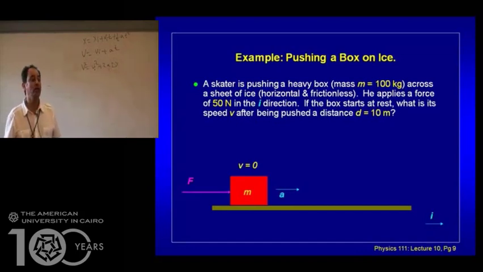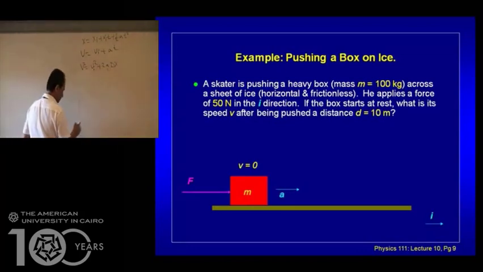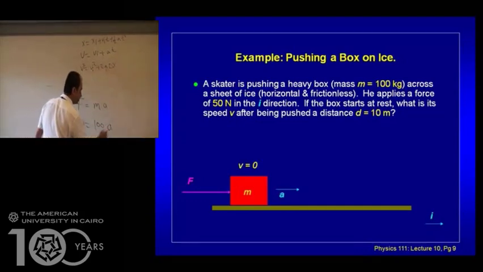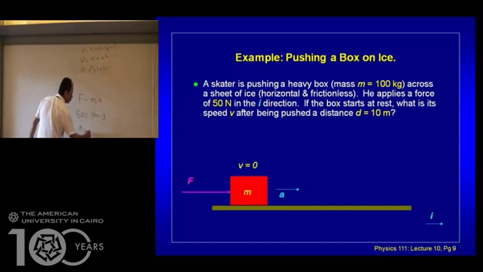That's when Newton's second law becomes a useful tool. Force equals mass times acceleration. The force is 50 newtons, the mass is 100 kilograms, so 50 newtons equals 100 kilograms times the acceleration, which means that the acceleration will equal 0.5 meters per second squared.